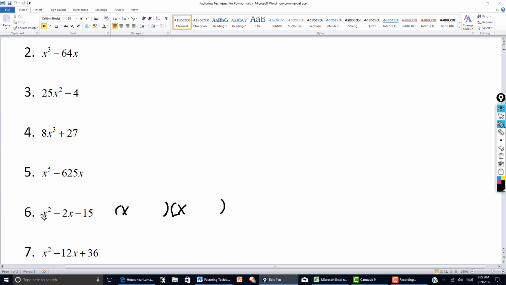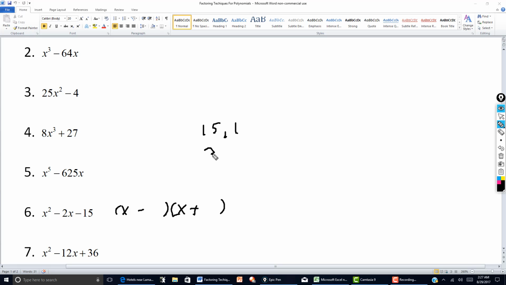If the third term is negative, which it is, negative 15, then these signs have to be different. So you have to put a minus and a plus, or a plus and a minus. Okay, and then we play around with the factors of 15. So we have either a 15 and a 1 that we can use, or a 3 and a 5.